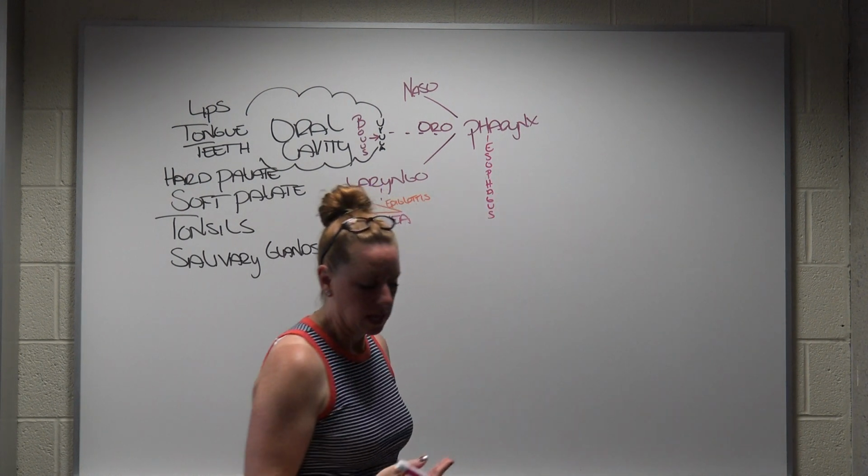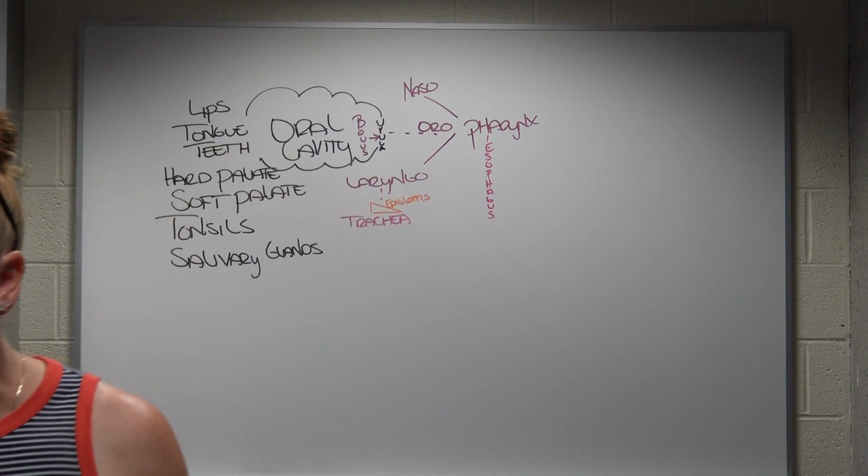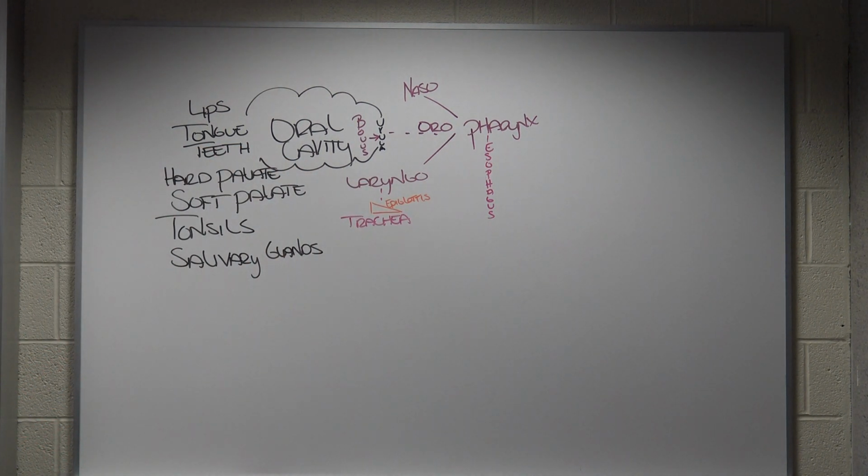And the esophagus is nothing more than one piece of smooth muscle tubing that directs the food out of the pharynx and into the stomach.